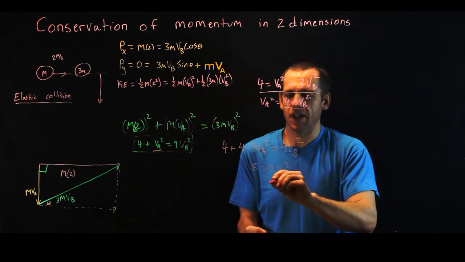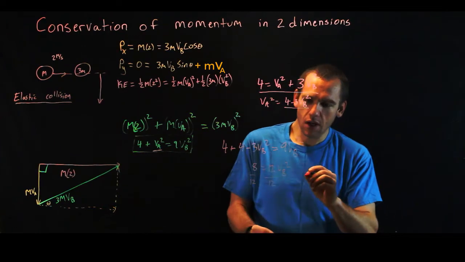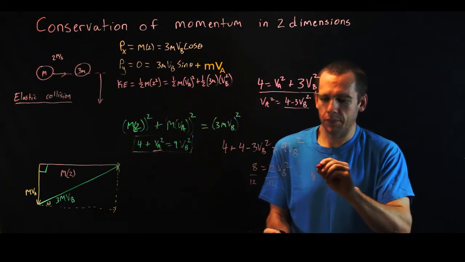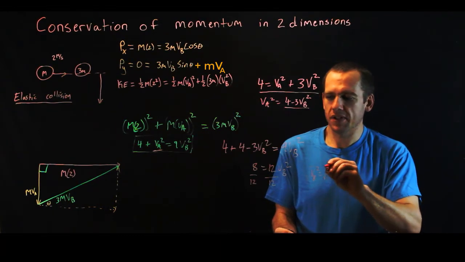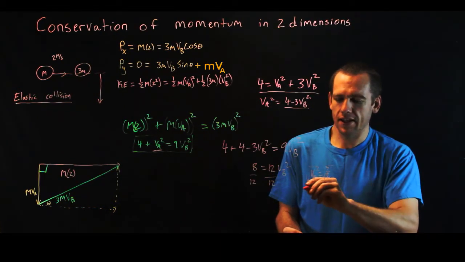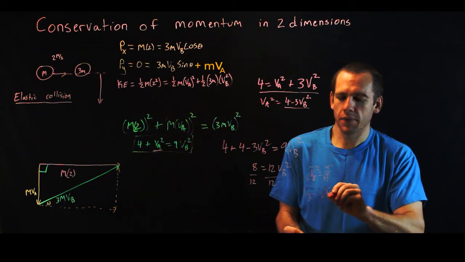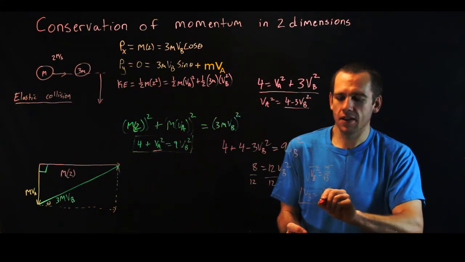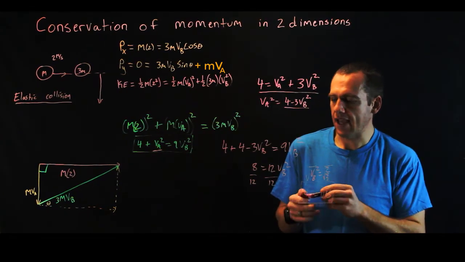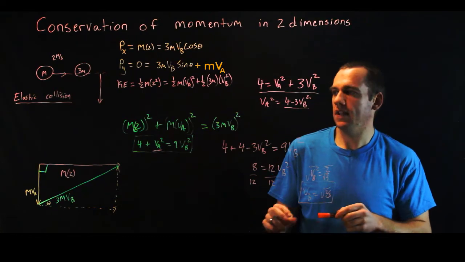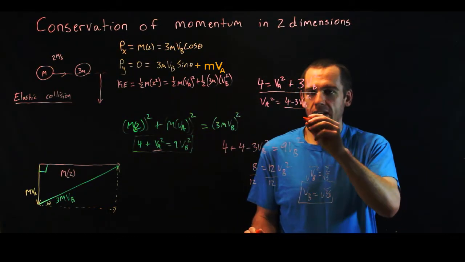You can divide both sides by 12, and what I see is VB squared is equal to 2 over 3, and I can square root both sides of that and get VB equals the square root of 2/3. Okay? That gives me enough information to find VA, because now I can substitute into this equation to find VA.